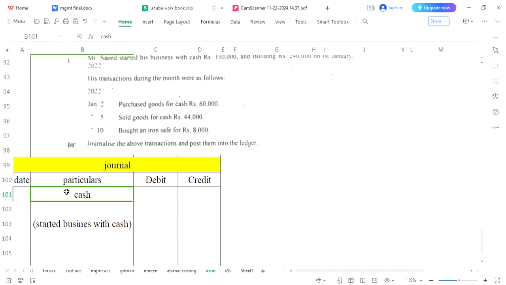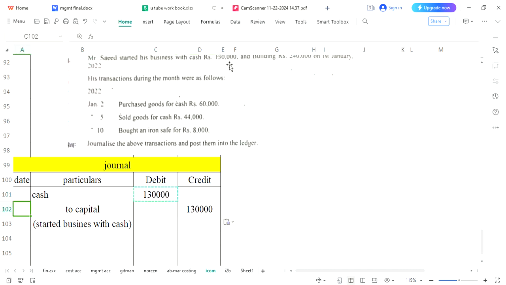Again, cash is incoming, the asset is increasing, an increase in asset should be debited, so cash is debited. The amount which is provided by the proprietor is called capital, so you will write capital on the credit side. How much amount? Look here, 1,30,000 you are going to write on debit, and the same amount you are going to post on credit.